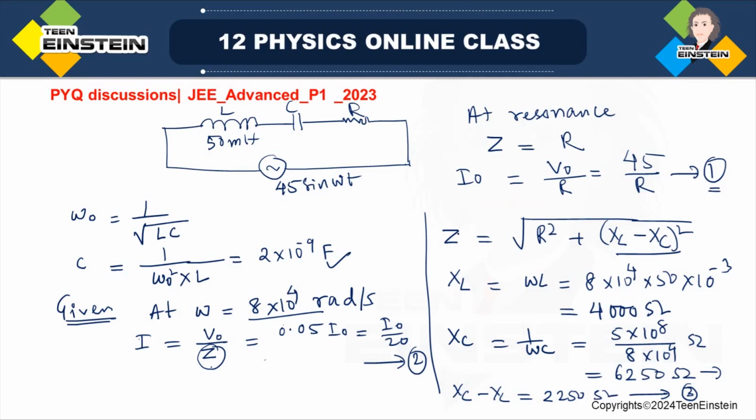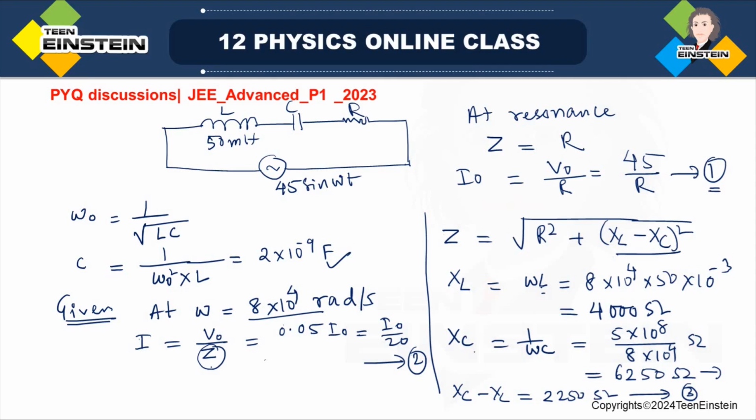Now impedance of a series LCR circuit is given by Z equal to square root of R square plus XL minus XC whole square.